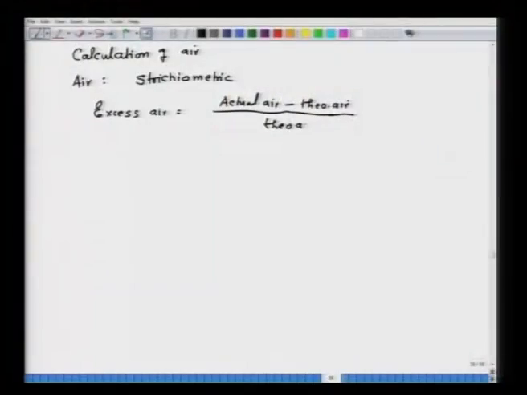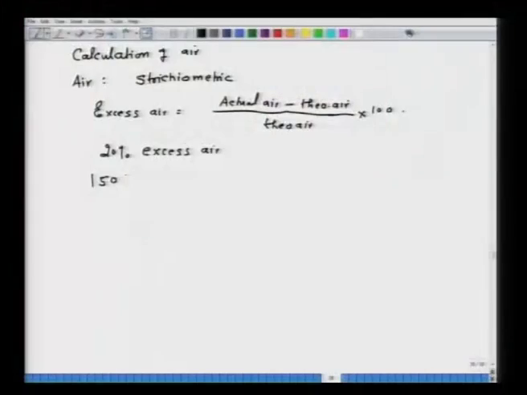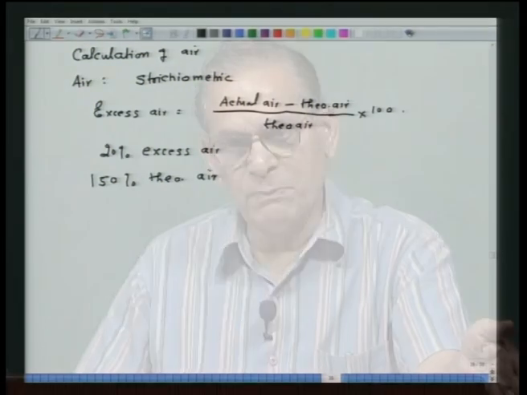So, for example, if we say 20% excess air, then in fact we are using 120% theoretical air. If we are using 150% theoretical air, then we can say we are using 50% excess air.